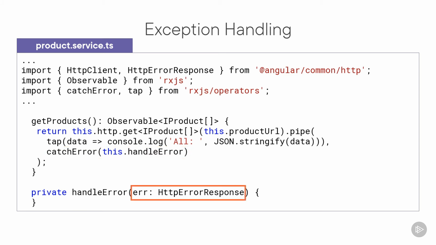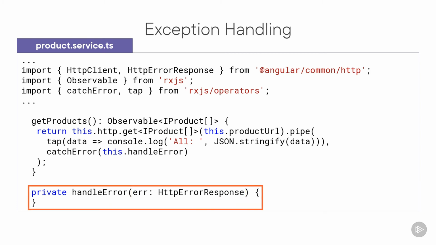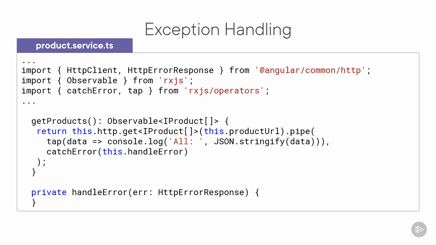The error handling method gets one parameter, the error response object. In the error handling method, we can handle the error as appropriate. We can send the error information to a remote logging infrastructure or throw an error to the calling code. Now let's add exception handling to our product service.